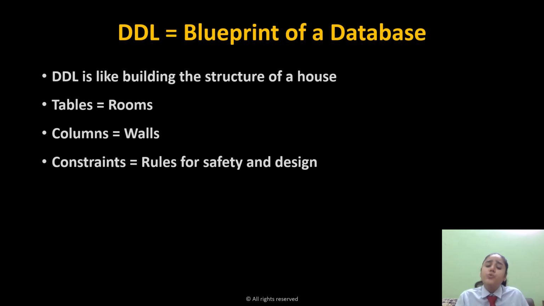We apply these rules on the data, like the age can never be negative. We define a particular range, the number should exist between the particular range. So all these are the rules we apply on the data in the DBMS. So DDL helps to apply these rules and helps us to structure the DBMS.